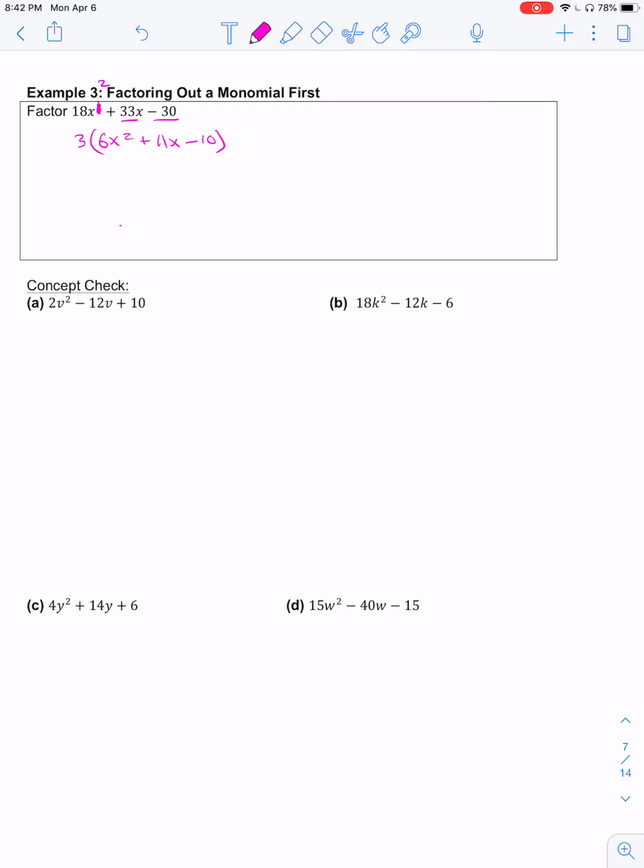Okay? Now, this looks like something we can work with. Looks super familiar. We have a trinomial, and all we got to do now is factor it like we did before. So we take and we multiply that first term and that last term.